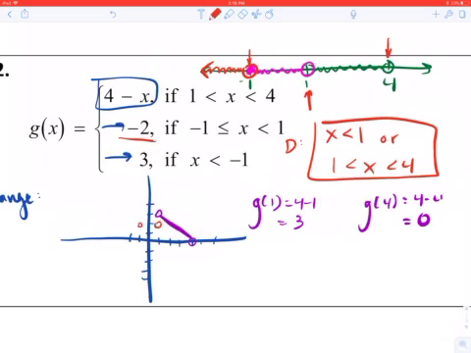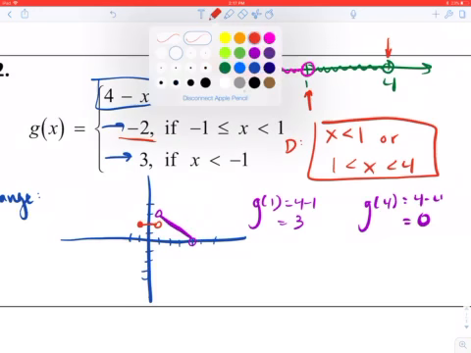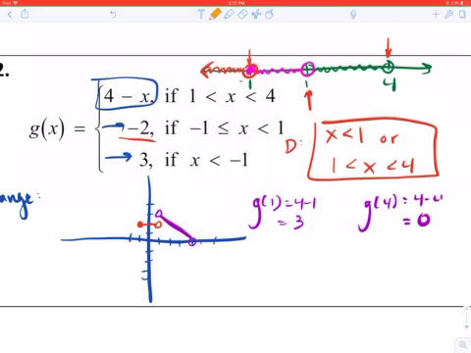Actually, sorry. This one is an open circle, and this one's closed. And then I'll have to consider anything strictly less than 1, which is 3. So anything less than -1 is at 3. So it's going to go like this.